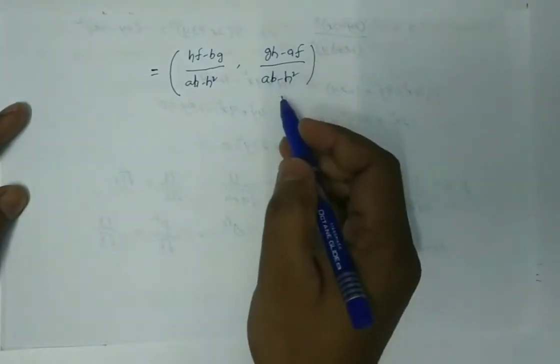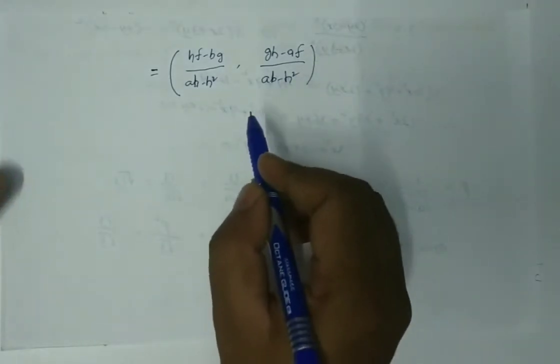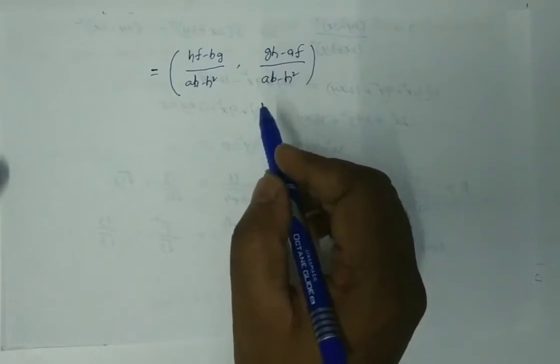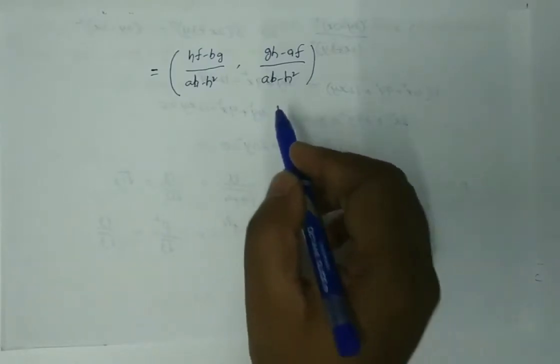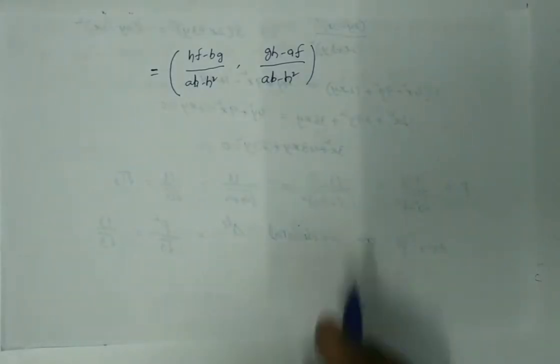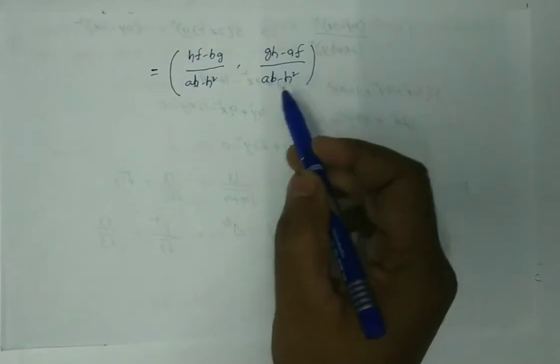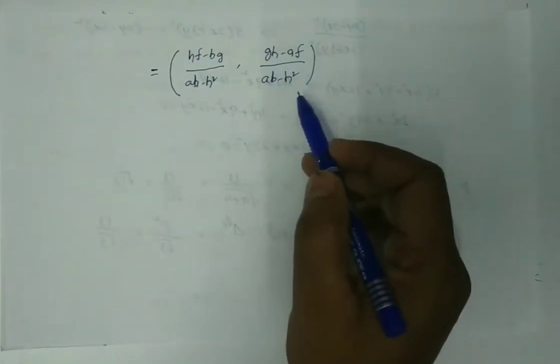Okay, so this is the formula for finding the point of intersection of the pair of lines represented by the equation s is equal to 0: hf minus bg by ab minus h square and gh minus af by ab minus h square.